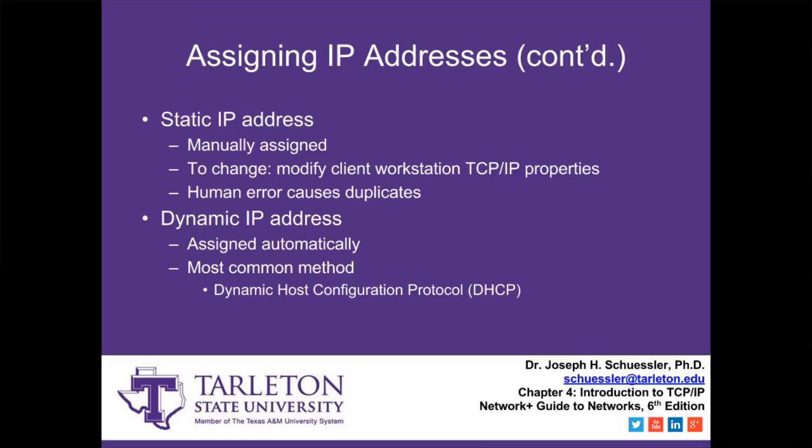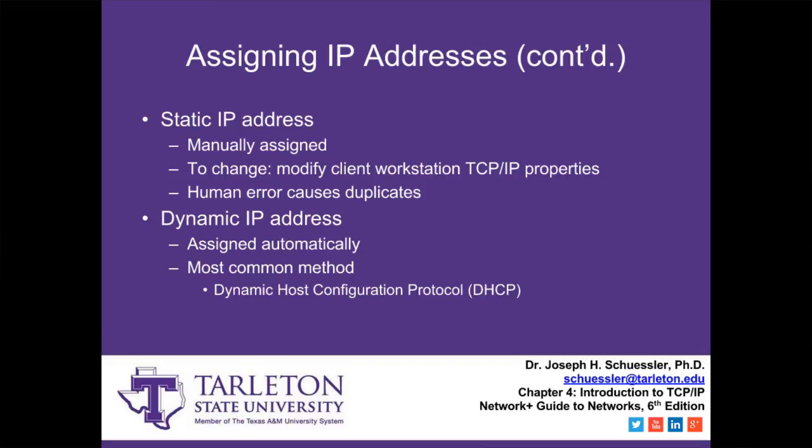So how do we go about doing that? Well, we can either statically assign them or we can dynamically assign those IP addresses. If we really want to make sure that we don't have duplications of IP addresses, we're going to use dynamic IP addressing. This is basically, we'll have a DHCP server on our network. Usually, especially in the home environment, our wireless router takes care of this for us.